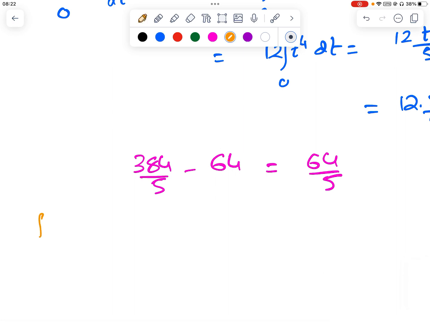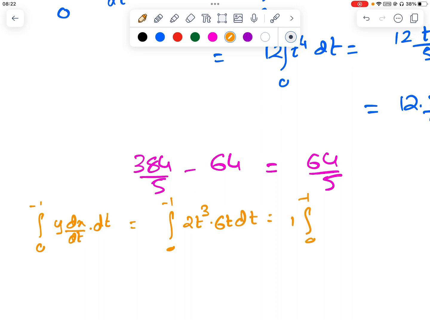For that, the integral from 0 to negative 1, again y dx/dt times dt. Y is nothing but 2t cubed, dx/dt is 6t, and dt. So it becomes the integral from 0 to negative 1 of 12t to the power 4 dt.